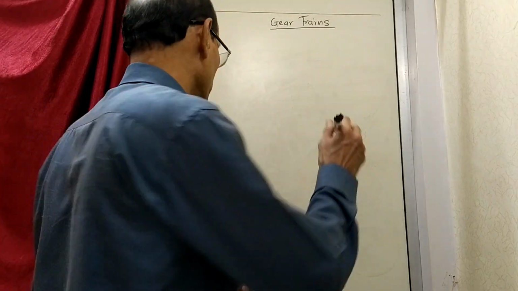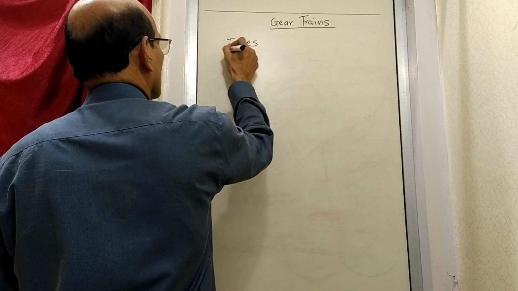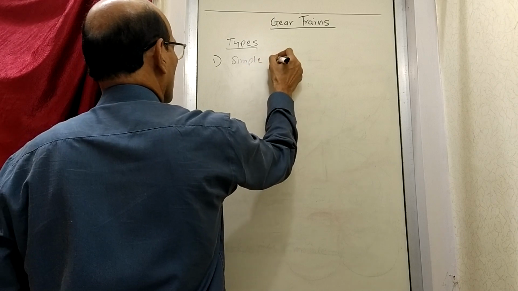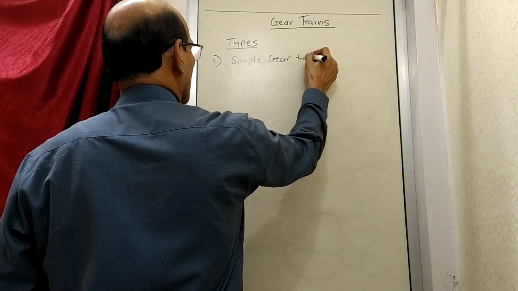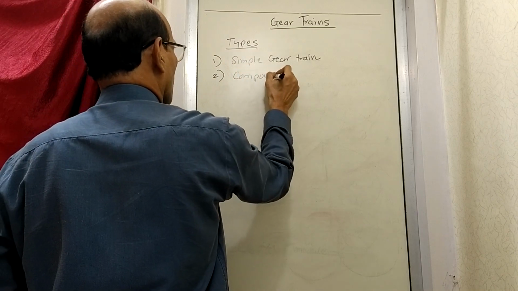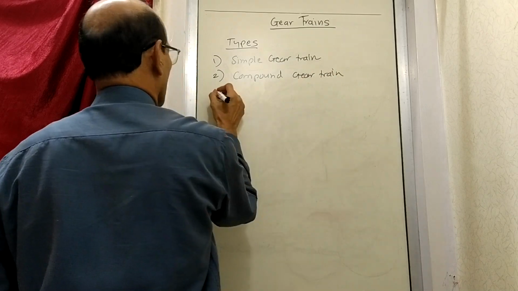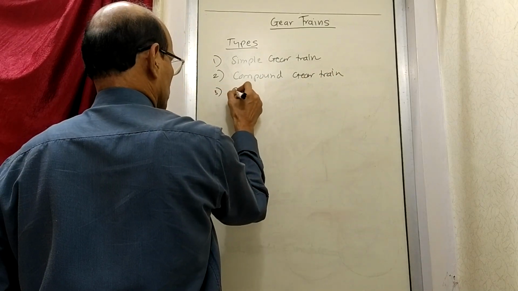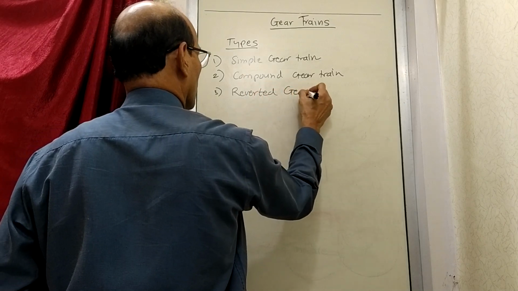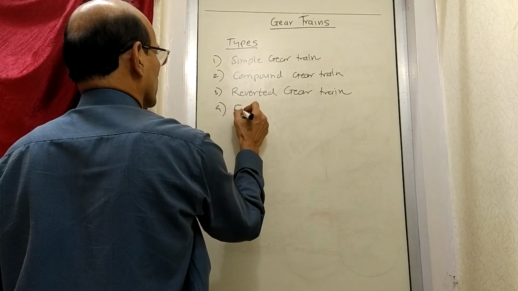Now there are four types of gear trains. Simple gear train, compound gear train, reverted gear train, and epicyclic gear train.